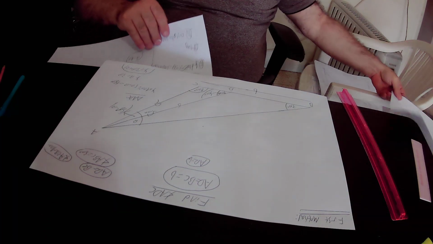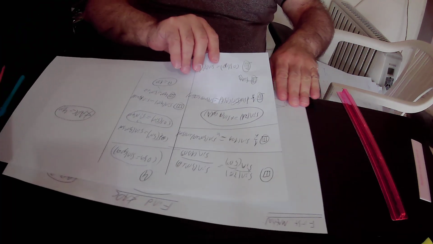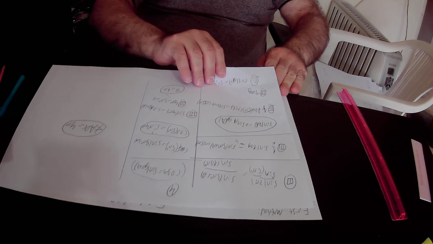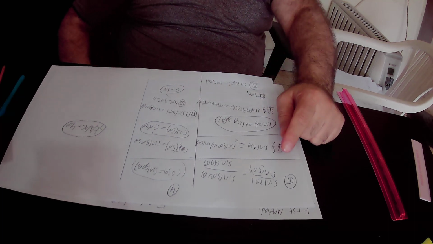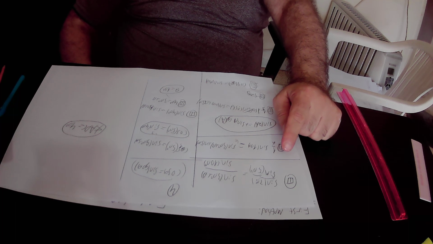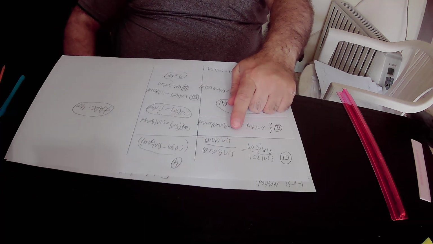And a over b according to equation number 1 is sine 30 degrees over sine 50 degrees, and a over b according to equation number 2 is sine 30 degrees plus theta over sine 100 degrees.